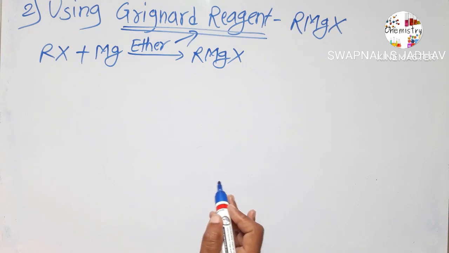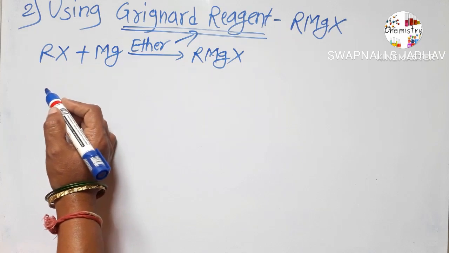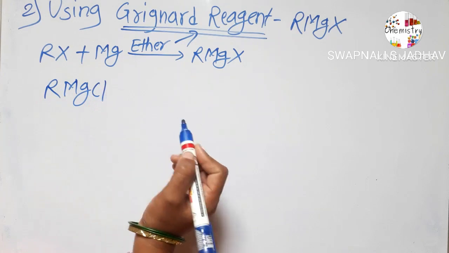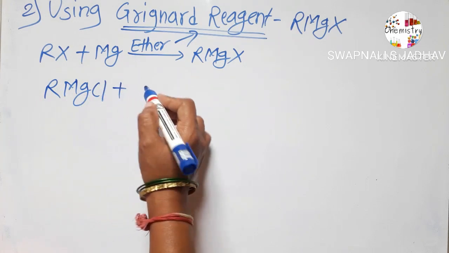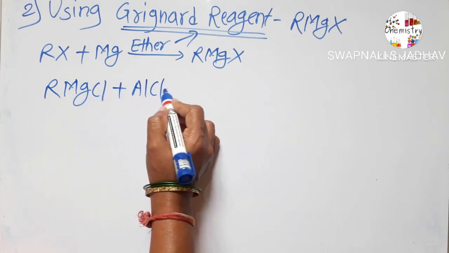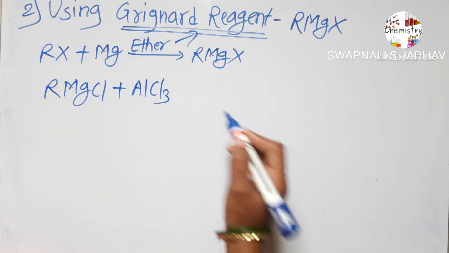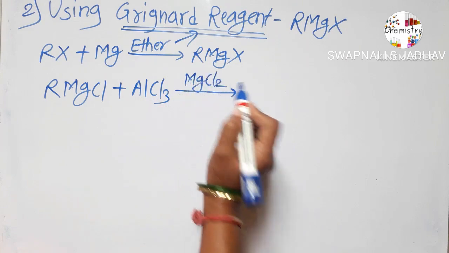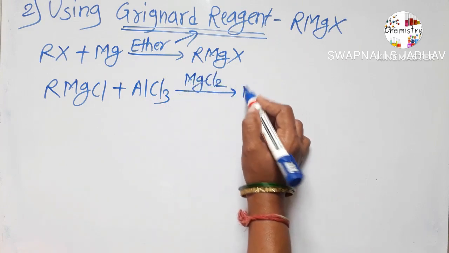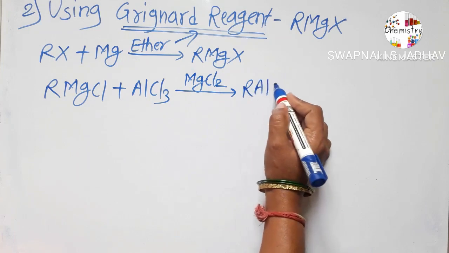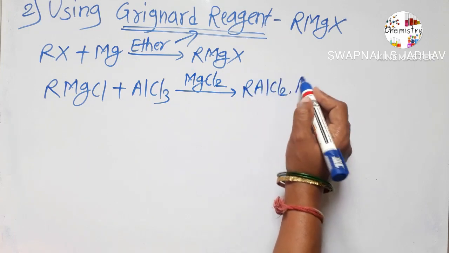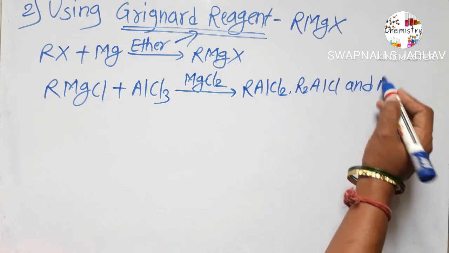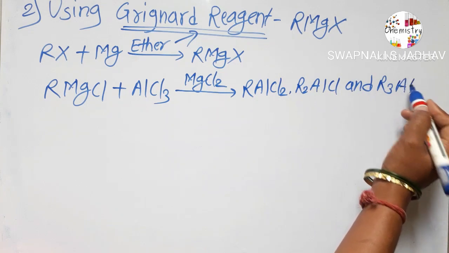Okay, so how does the reaction take place? Grignard reagent RMgCl, when reacted with aluminium chloride AlCl3 in presence of magnesium chloride, MgCl2, gives a mixture of RAlCl2, R2AlCl and R3Al.